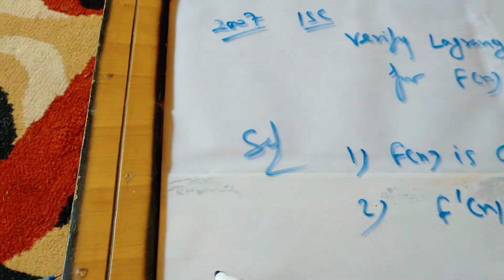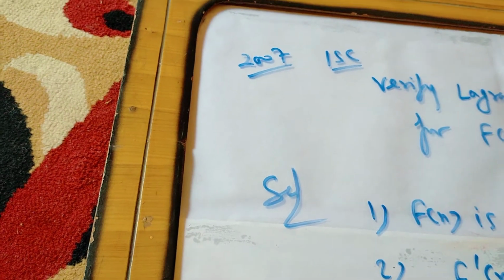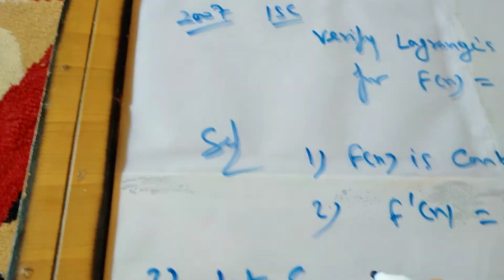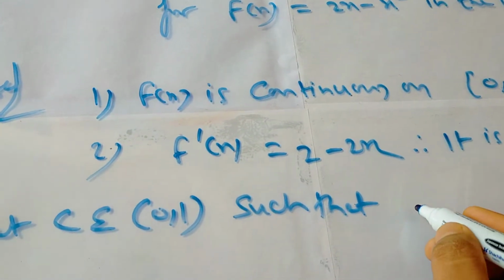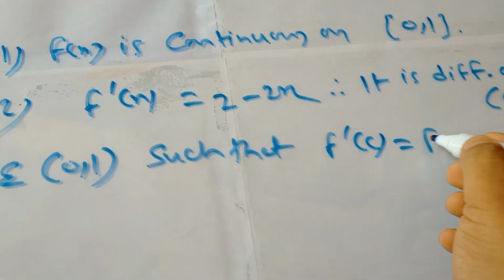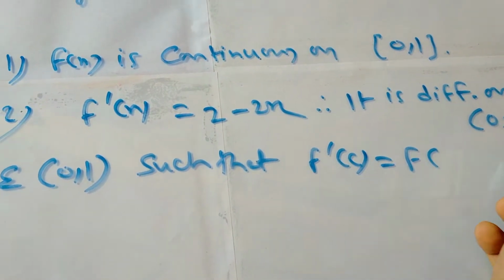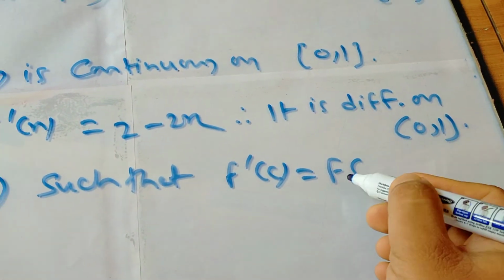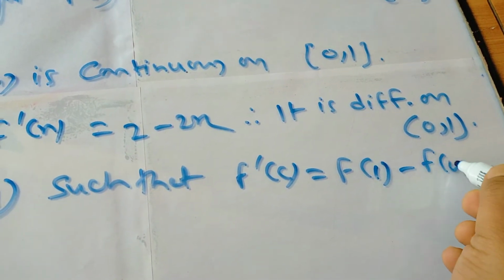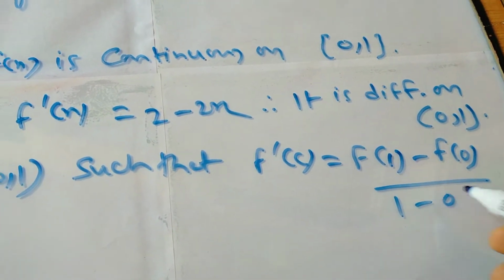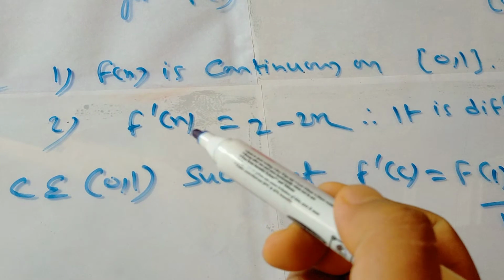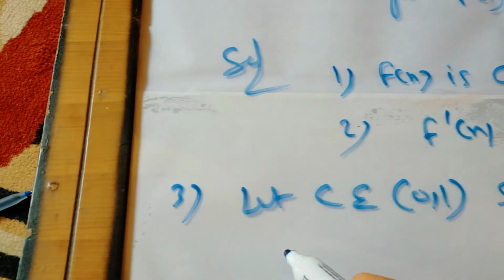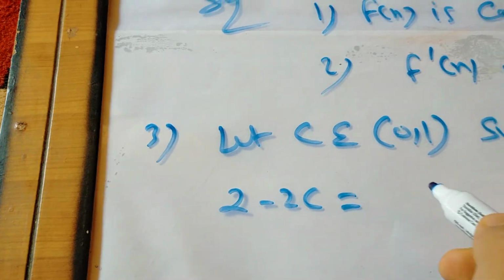Now in the third step you have to write: let c belong to (0, 1) such that f'(c) is equal to (f(b) minus f(a)) upon (b minus a). Here a is 0 and b is 1, so f(b) means f(1). Since f'(x) is 2 minus 2x, f'(c) will be 2 minus 2c.